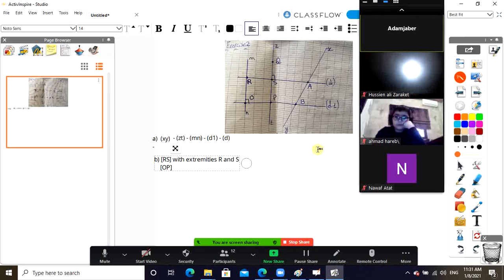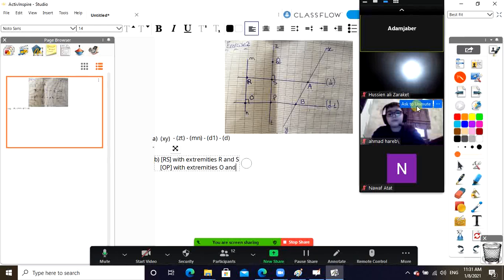Okay. What are the extremities of OP? What is the meaning of extremities, Adam? Look at the first example of Ali Shaib. They are asking [RS], with extremities R and S. [OP] with extremities what, Ahmad? O and P. Very good.